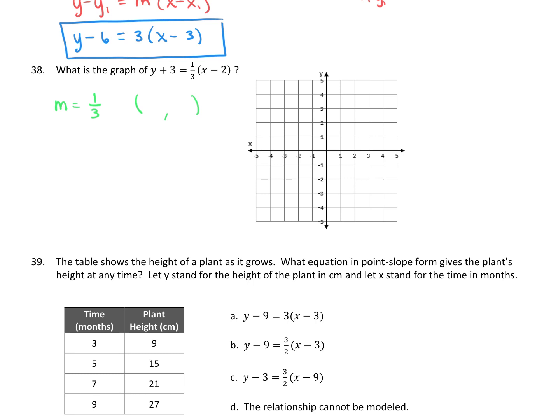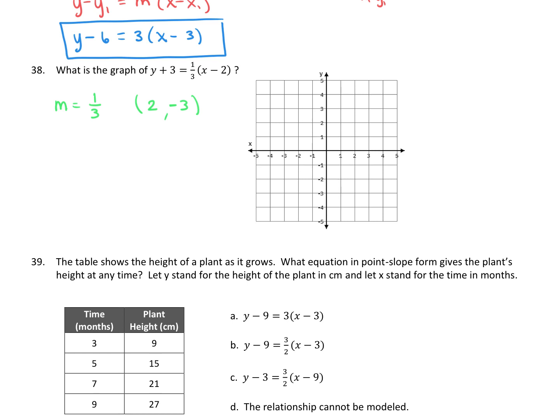Our ordered pair is going to have a positive 2 because the x minus x1 is built in. Our coordinates always have the opposite sign of what they appear to have in our equation. So the y1 is here with the y. That's a positive 3, so that means it's a negative 3 in the ordered pair.